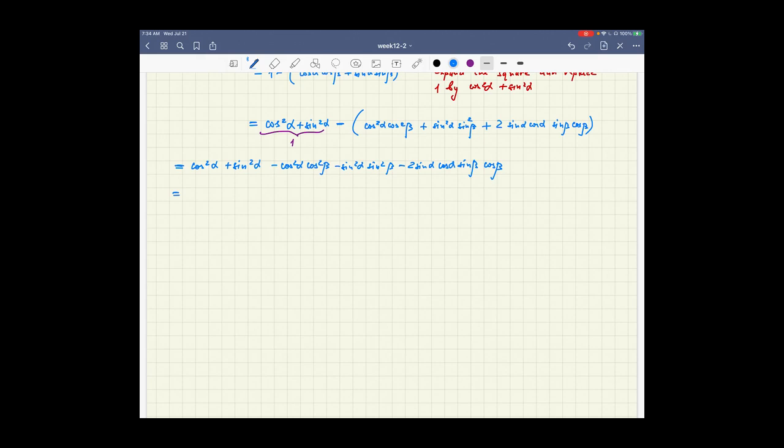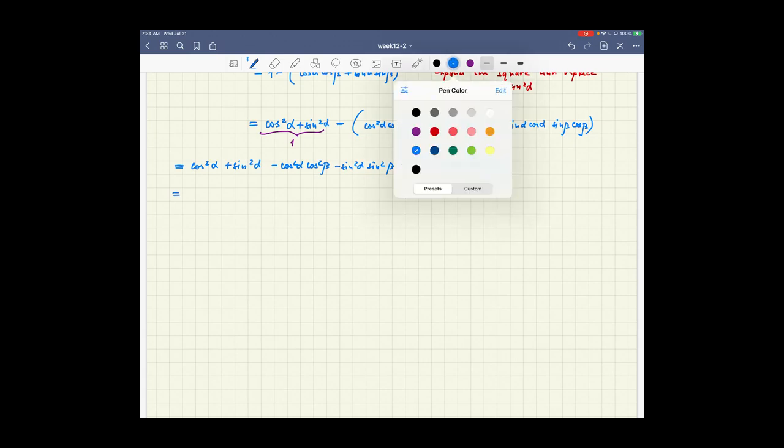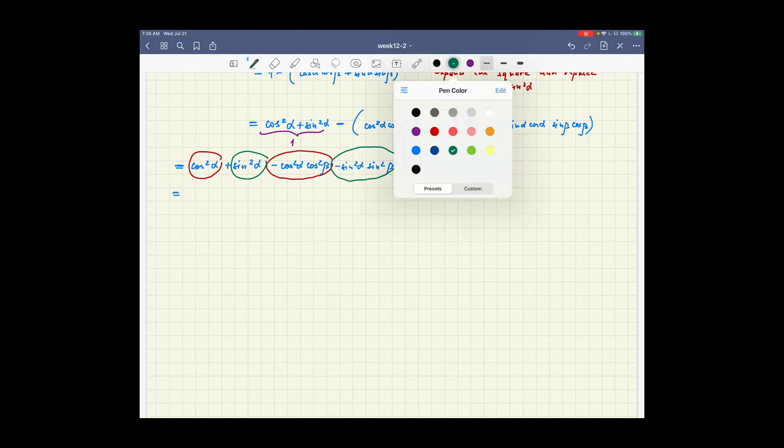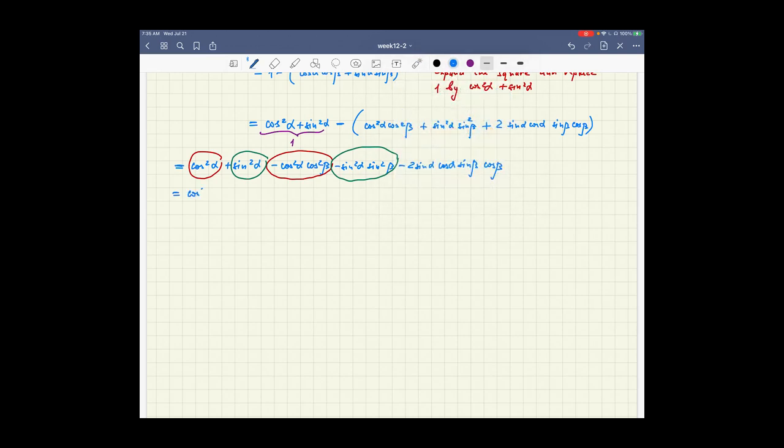Now, let's factor out cosine squared alpha from here and here, and likewise sine squared alpha from here and here. And this term we will leave unchanged. So when we factor out cosine squared alpha, in parentheses we get 1 minus cosine squared beta.